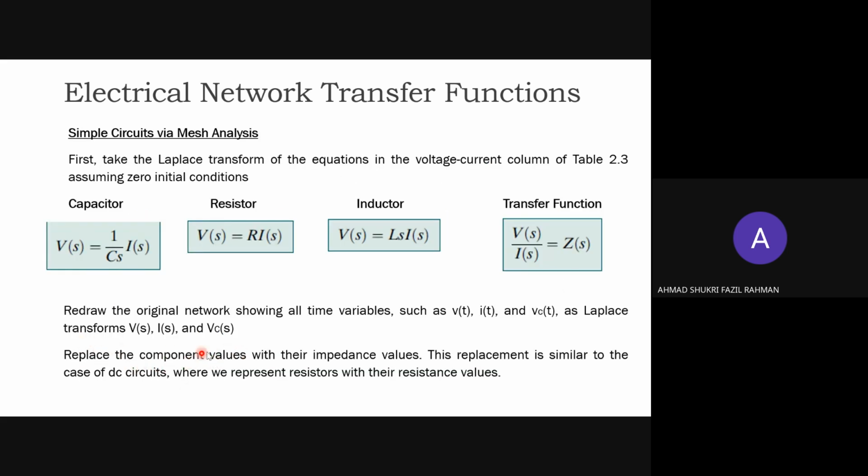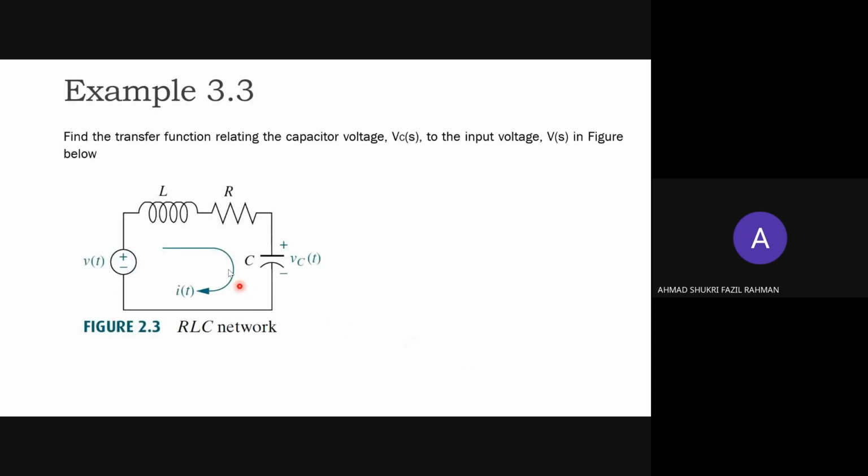But the first thing that you need to know is the one already shown here. So the ideal method would be to replace the component values with their respective impedance values.